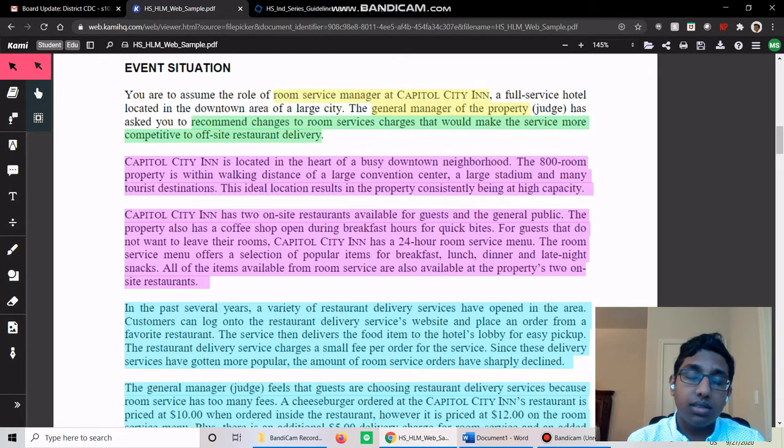Many of the residents at our hotel are avoiding ordering from room service and instead order delivery to the hotel lobby of various restaurants nearby. This is causing a big issue for our room service, and our room service isn't able to keep up, which is why I've decided to implement a couple of changes in order to address that.